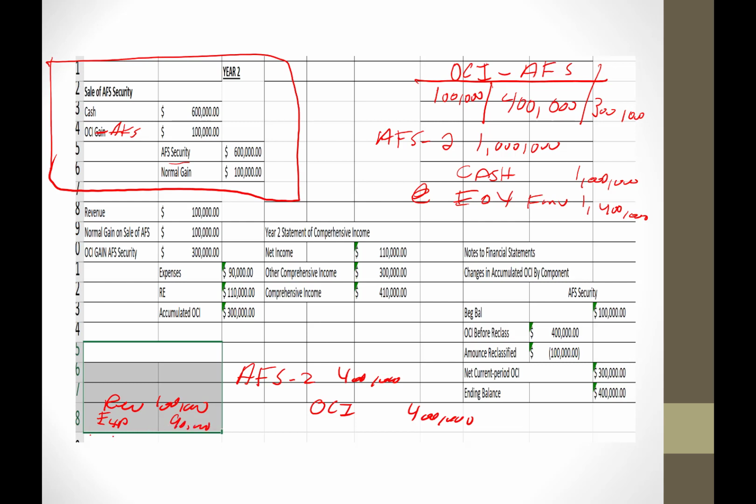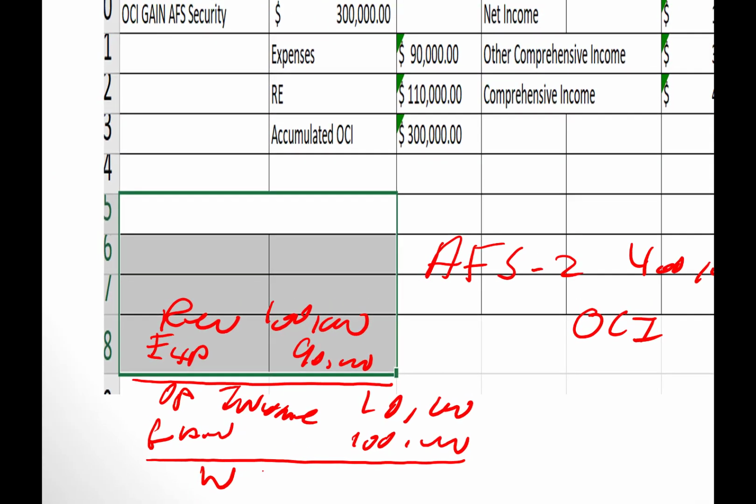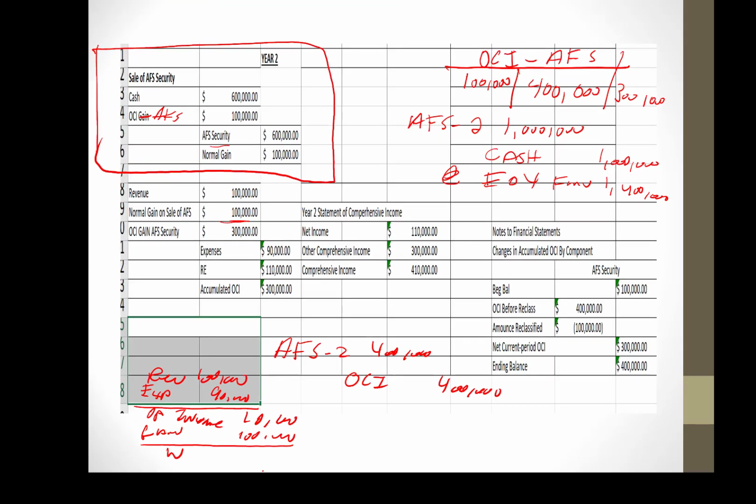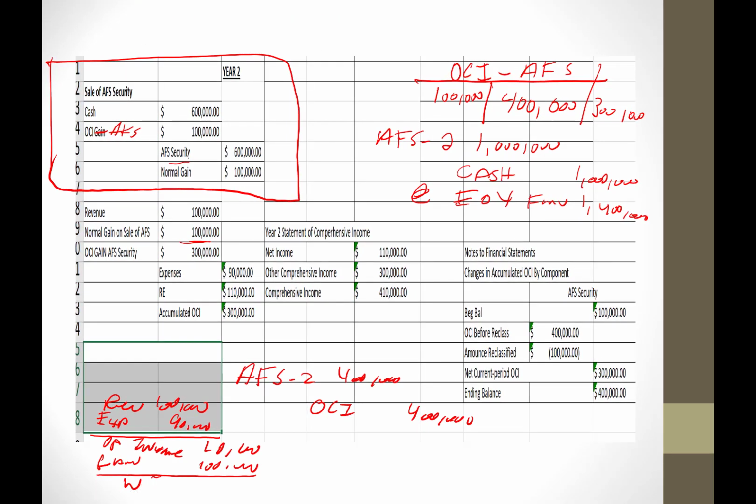So I've got an operating income of 10,000. And then I've got a gain, don't I? And I've got that gain that's showing was 100,000, right? The normal gain of 100,000. I've got that. So I have a net income of what?